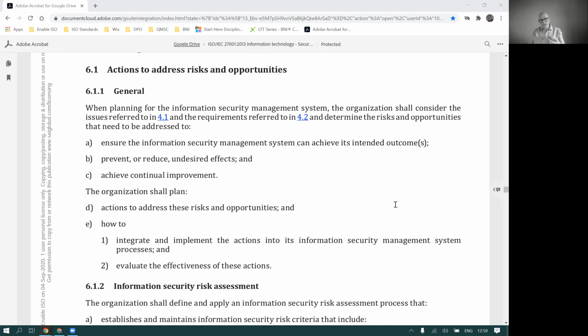So what this clause is doing is looking at the actions that are required to look after, address or manage those issues through the business, however we decide to do it. So for ISO 9001, as we've already said, there's no requirement for risk assessment and risk treatment. It just leaves the organization to determine its own way of addressing the requirement for actions. With this in mind, I just want to make sure that's understood.